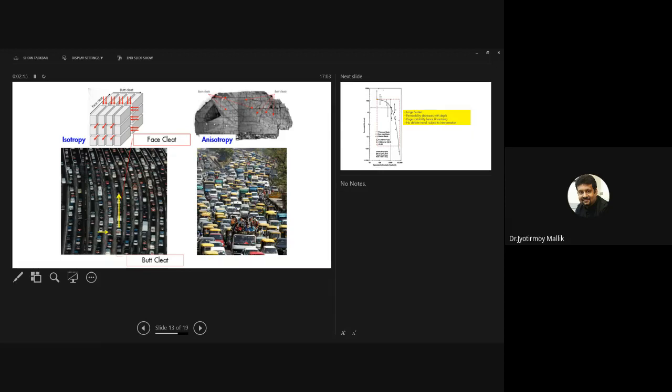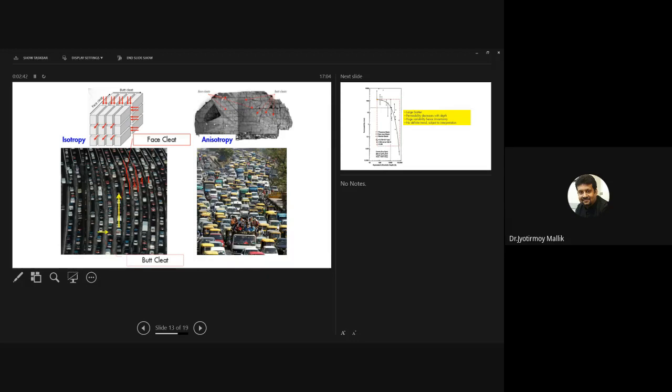Maybe this one is taken somewhere in China, where you can see there are dividers between roads. The cars can pass only through the lanes, right? So there is no mixing of the cars. The cars will flow smoothly, but there will be no mixing. And this is the situation if we had only face cleats.